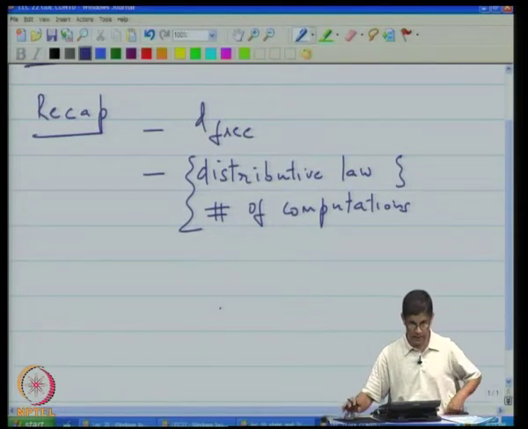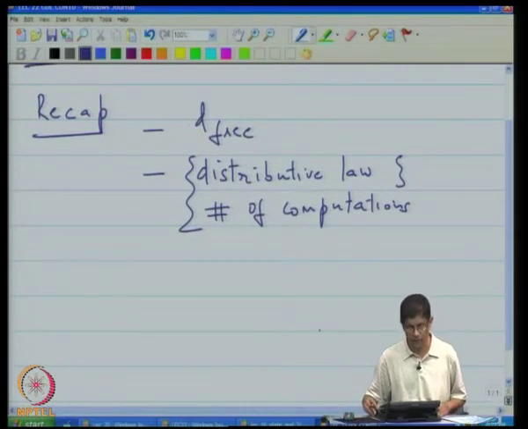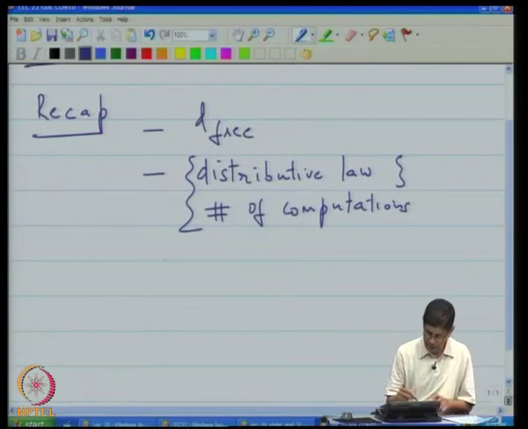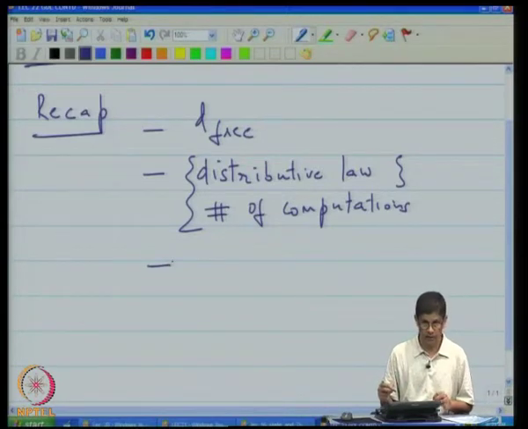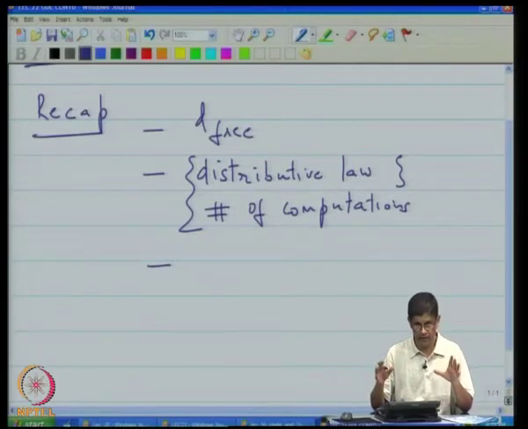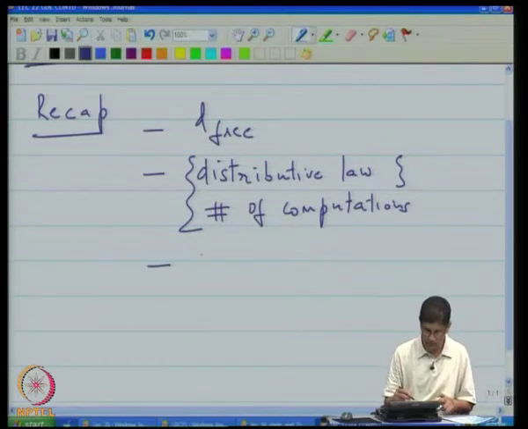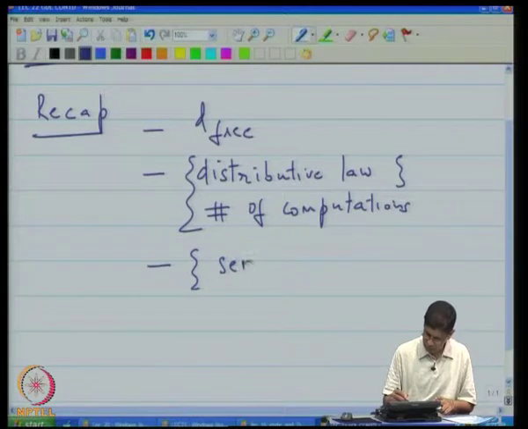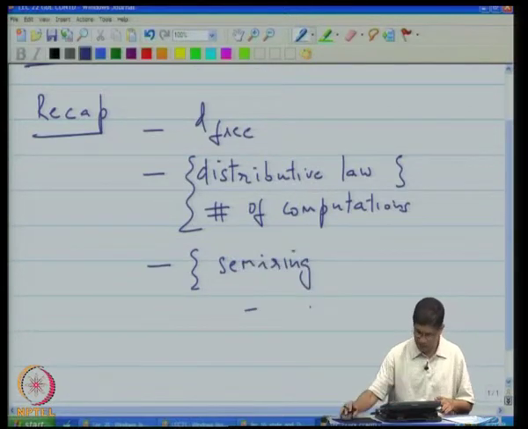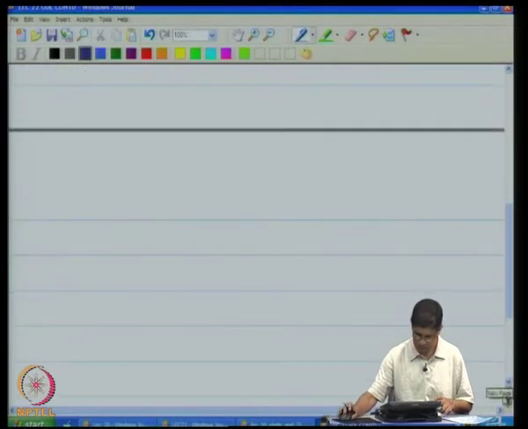And then I said that to properly exploit the power of the GDL, the right setting from a certain perspective is the setting of semirings. So, we introduced the notion of a semiring, and we looked at some examples.